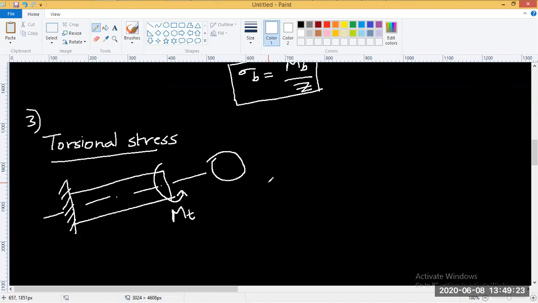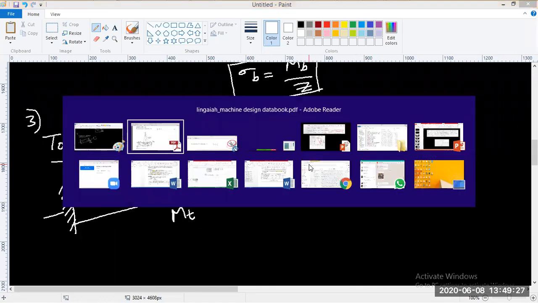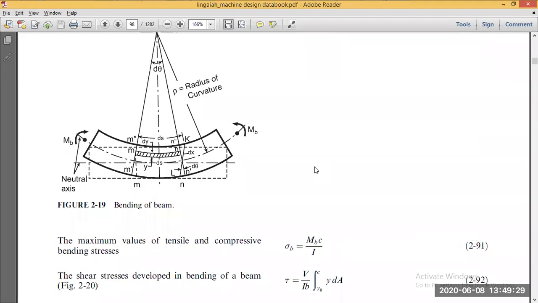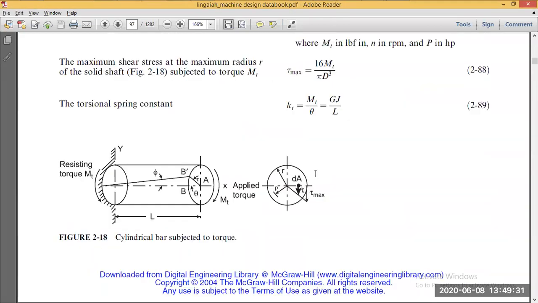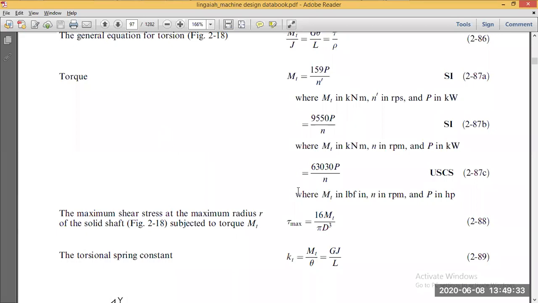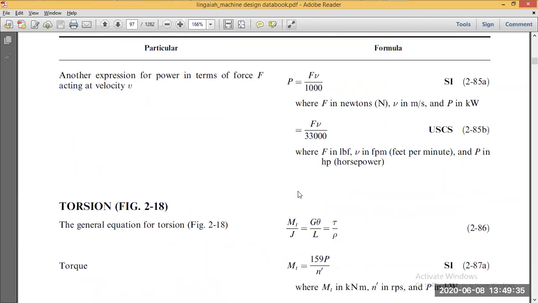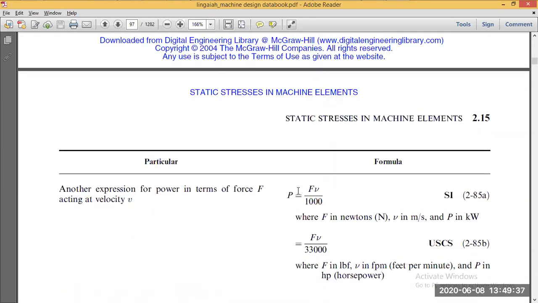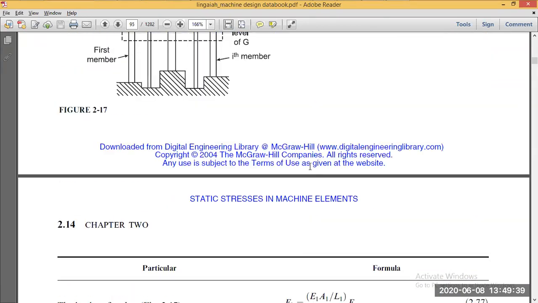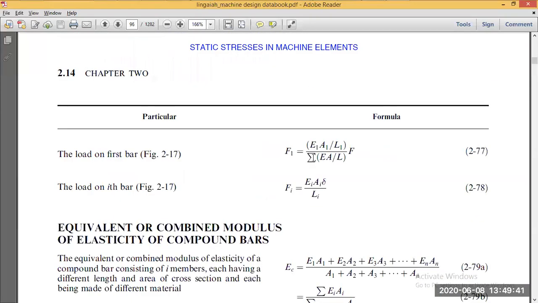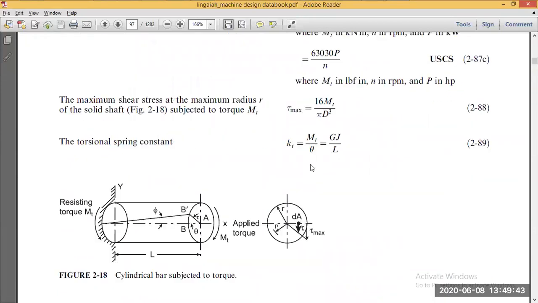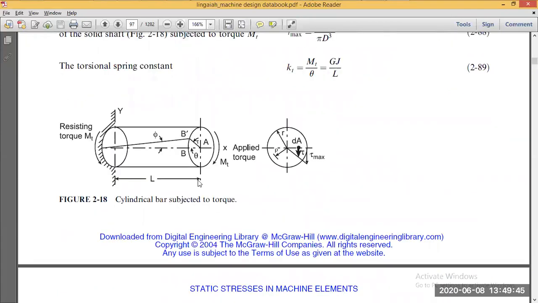So in this case, again, you need to work out a link here. Let's go back to the data handbook. I think the equation is somewhere here. We passed by that time. Oh yeah, here, figure 2.18. Check out this figure here. You're applying the torque. Initially, the neutral fiber was here.